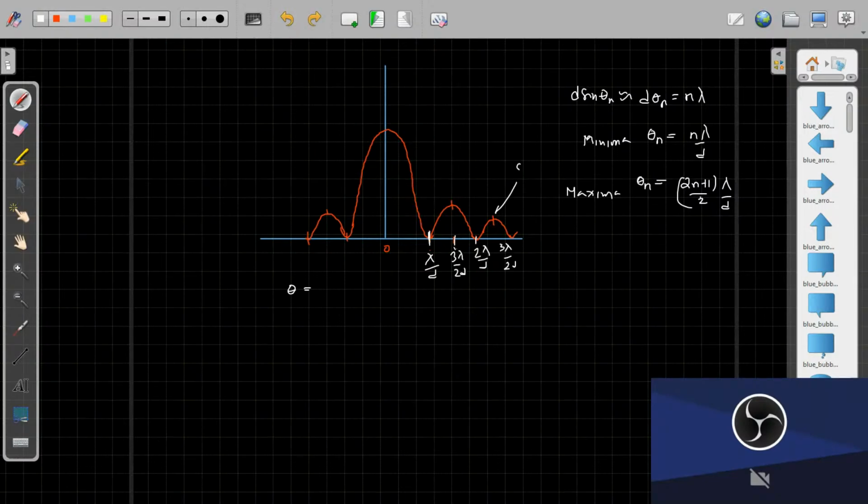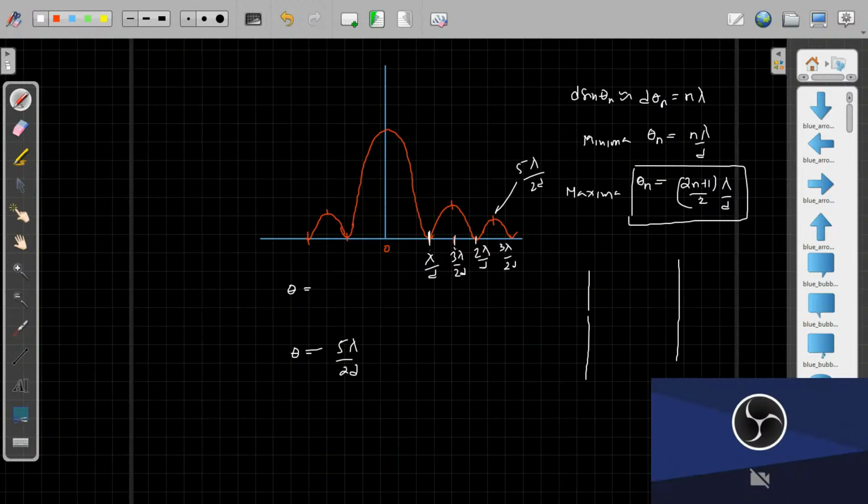This should be 5 lambda by 2d. Please remember, you need to keep this in mind: this is the odd series, this is the even series. So theta for the second maxima is 5 lambda by 2d. But again, just like we did for the central first minima, we can also do it for the second maxima.